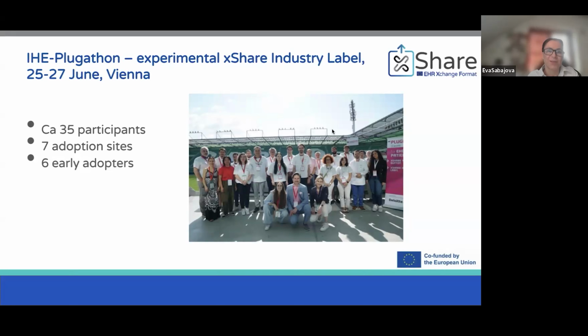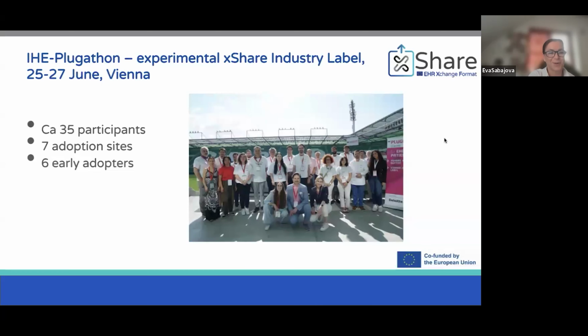In parallel to the testing events, there was also a conference, the IHE Experience Days, and a workshop on secondary use. But regarding the Plugathons, we had two so-called EHDS tracks, the patient and healthcare provider track, and the xShare Plugathon was part of the patient track, together with the other project, My Health at My Hands.